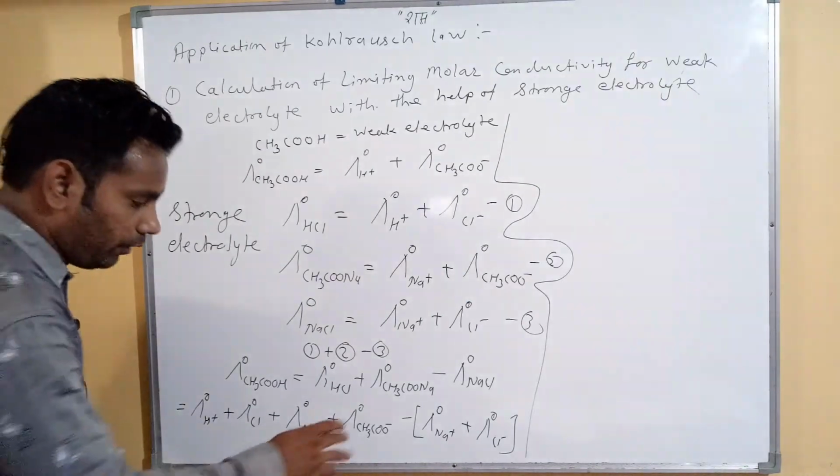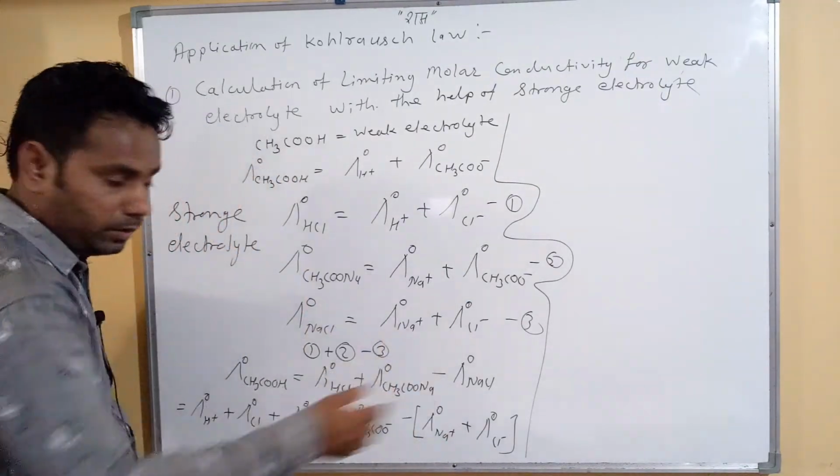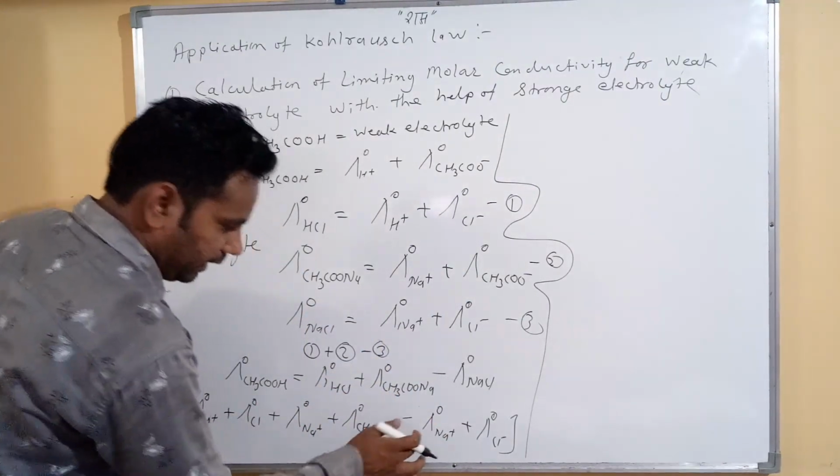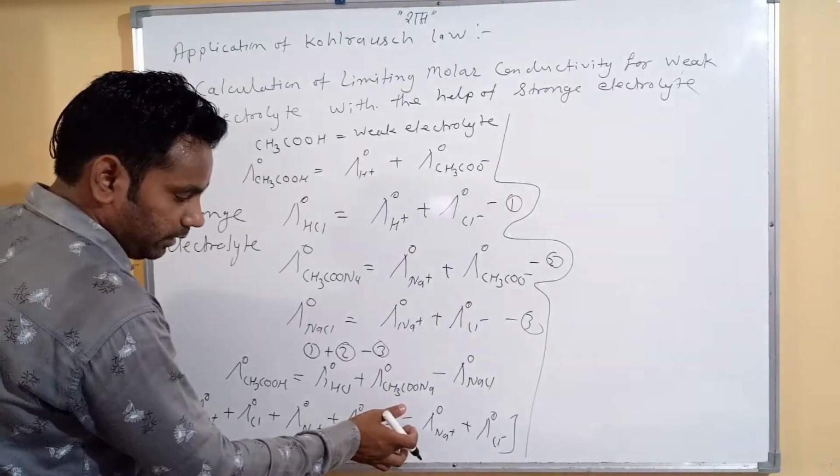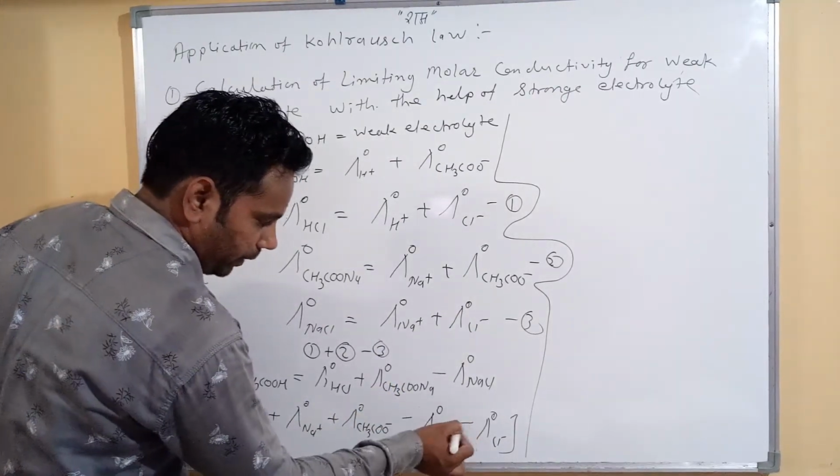Now I multiply the minus into the bracket, so the Na+ limiting molar conductivity becomes minus, and Cl- also minus.